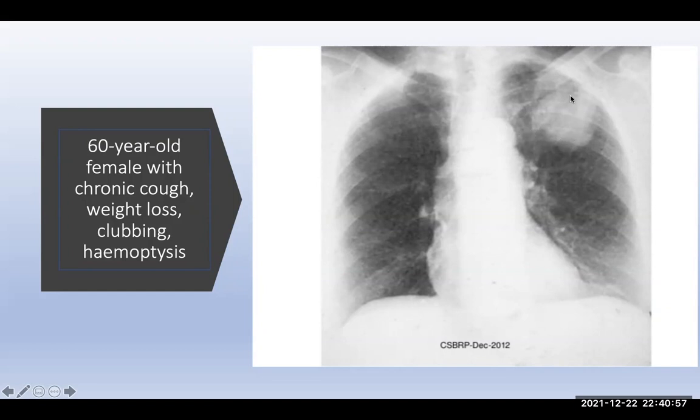It's a very lobulated lung lesion. From the history, we would expect this may be a case of bronchial carcinoma, because this is an aged woman with chronic cough and weight loss, and importantly, this patient has hemoptysis with clubbing. All these points also suggest bronchial carcinoma.